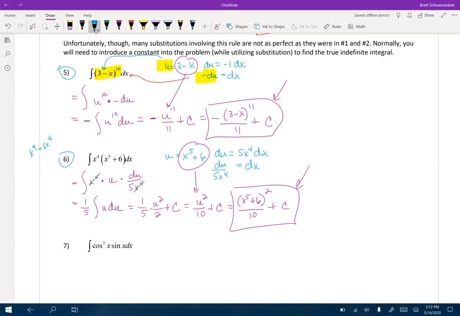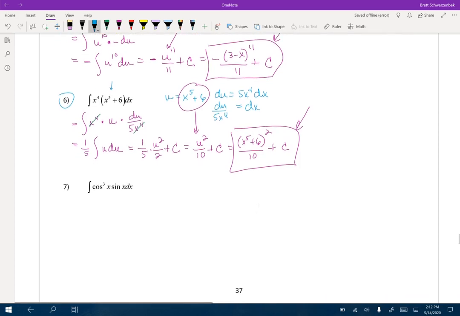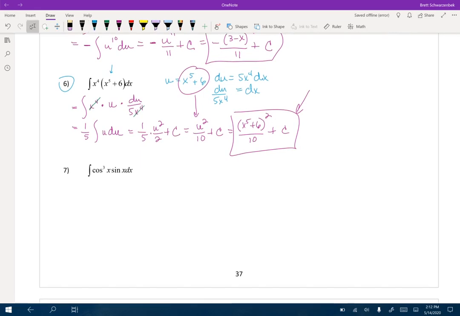That would work just fine, but I just wanted to point that out so you realize that was a possibility. I often give these problems as examples because they're easy for students. Most of the time it's going to say use the substitution rule, so make sure you absolutely do that.